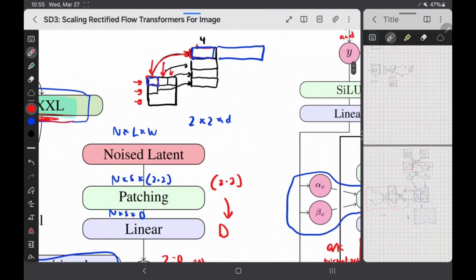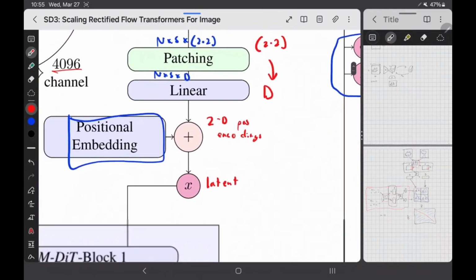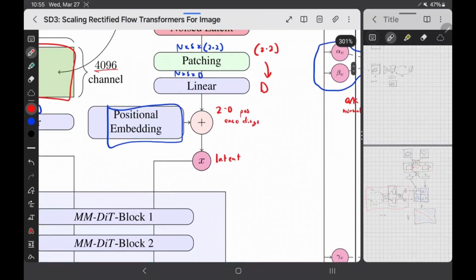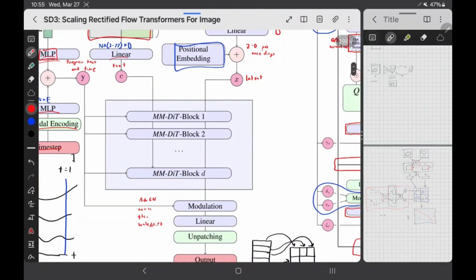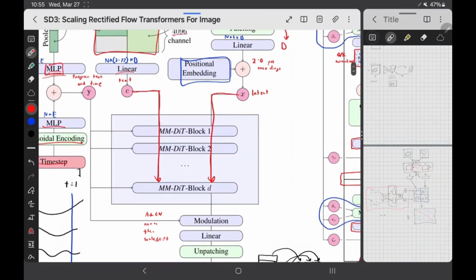So you add this 2D sinusoid positional information to the patches, and that gives you X, which is your latent representation. Now what we're going to do is send the text through the model and send the latents through the model, and they basically have their unique paths, and they're going to cross over sometimes. So you basically have a transformer for your text and a transformer for your latents, and they're going to cross over every now and then.